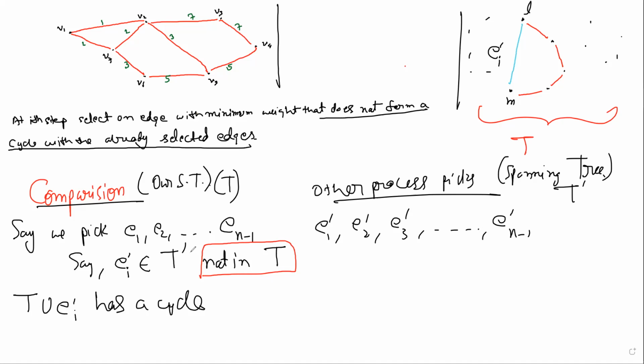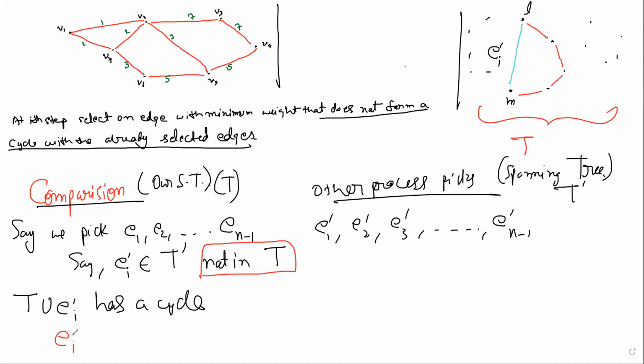Because E i prime did not necessarily come after these edges were already there. It may have come before these red edges were there, but it may be forming a cycle with something else. We do not know. But we can write this as a phrase and think about it.